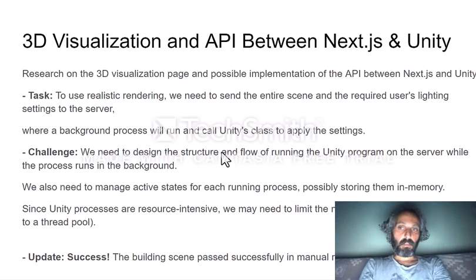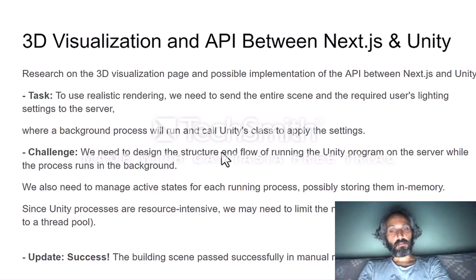So the long story is about this Unity integration on the server together with Next.js. The task was to do realistic rendering and baking lights on the server. The background process will run and call Unity's class to apply the settings.